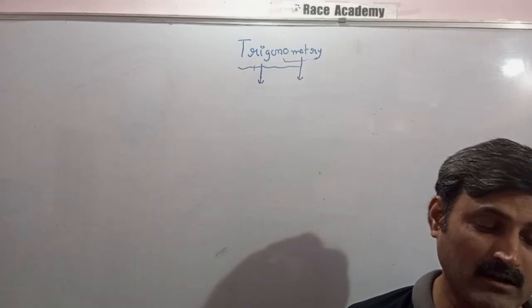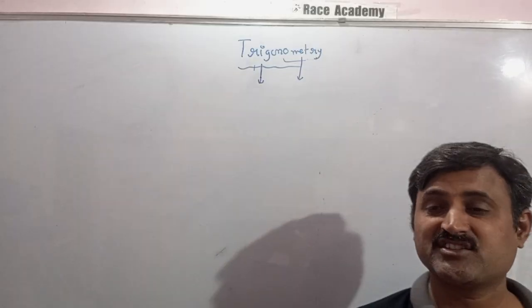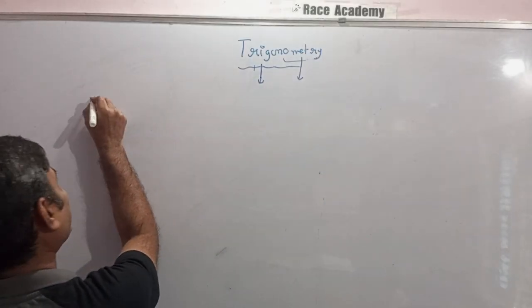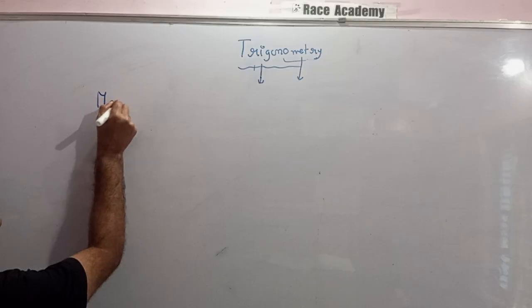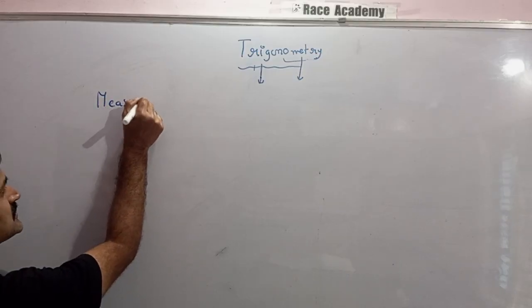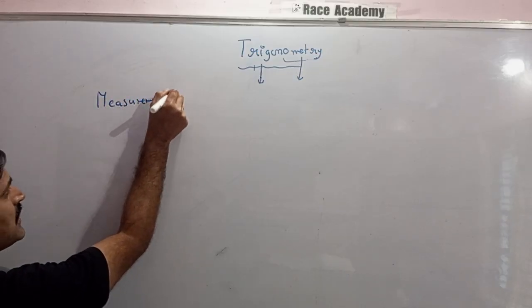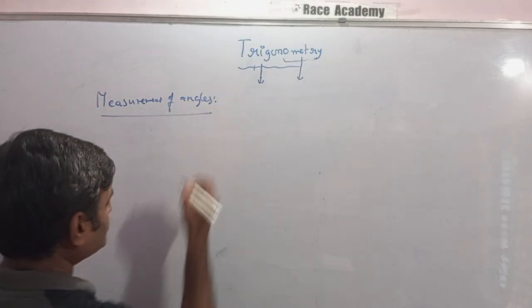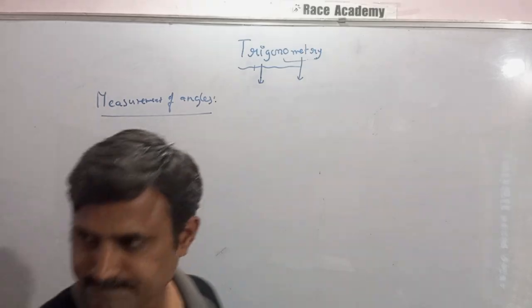Another one is radian or circular measure system of units. So for the measurement of angles, we have three types of systems.